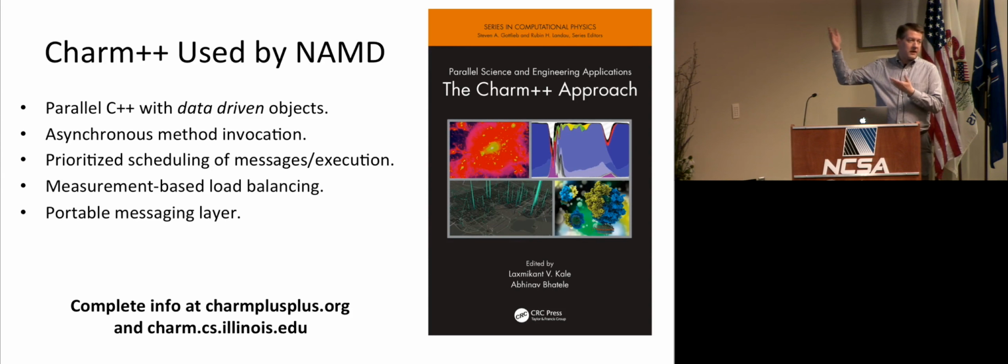So this is really the essence of Charm++ from a performance perspective, and then we have some of our own abstractions for programmability that are now supplemented by things such as chare arrays and AMPI, as you've been hearing about.